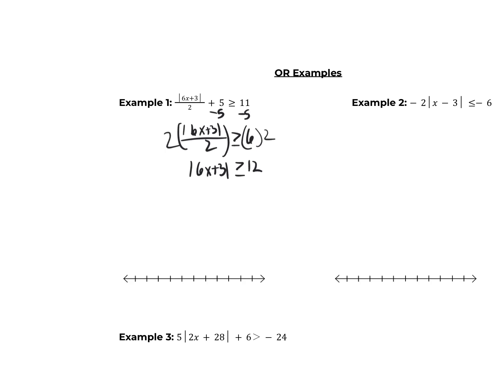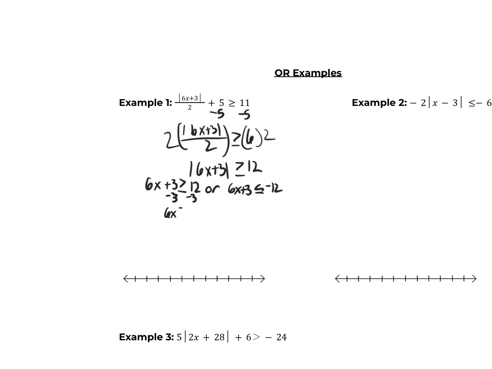Now that I've isolated the absolute value, I can split it into 2 cases. So 6x plus 3 is greater than or equal to 12, or, because it's greater than, we use the word or, 6x plus 3 is less than or equal to negative 12. All right, so we solve these separately. Subtract 3 from both sides.